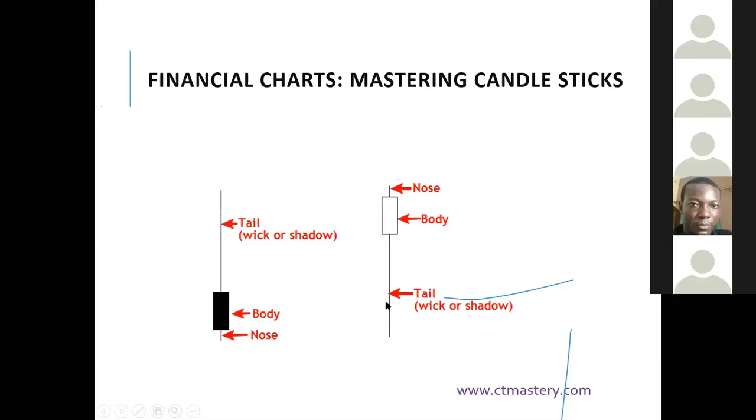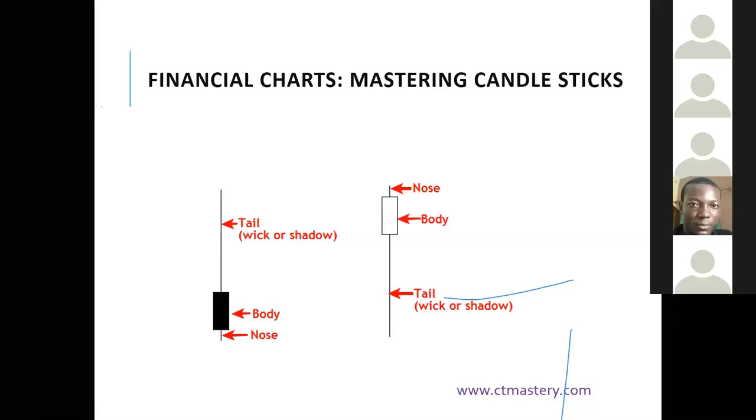For this candle too, it's a bullish candle. It means that we entered here and exited here. When the price started at this point, the bears came in. When I say the bears, like I said, those are the sellers.